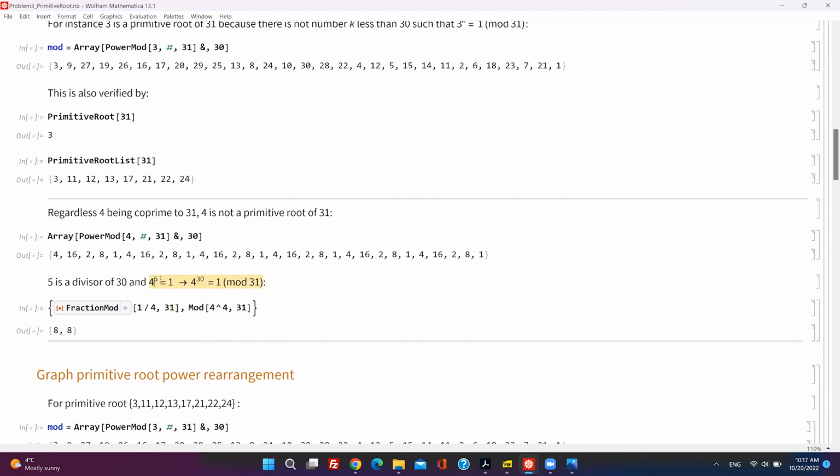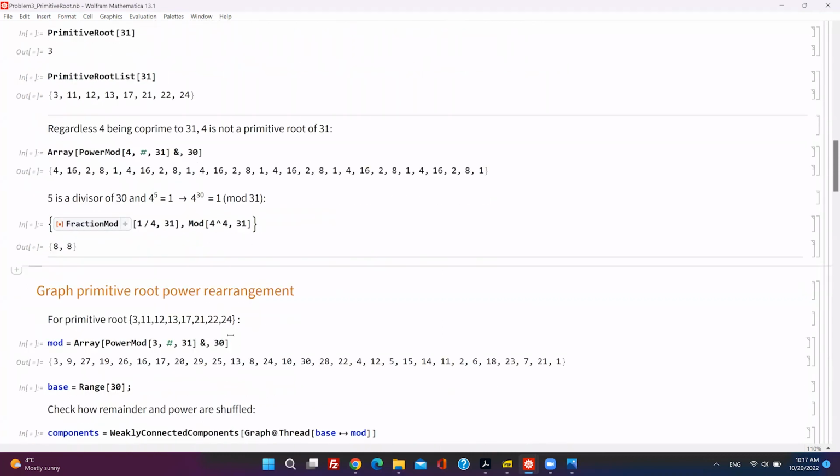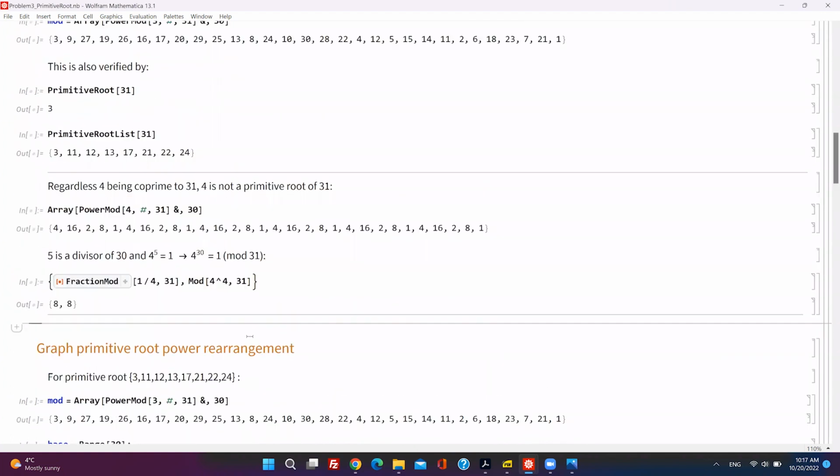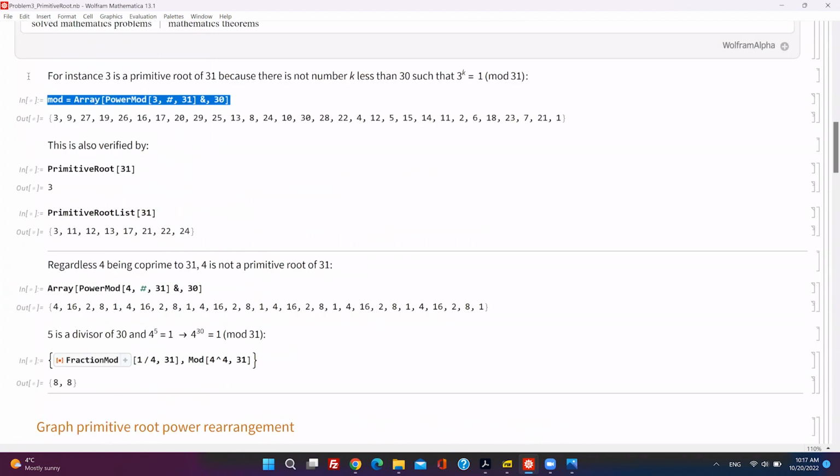So this is quite clear that this one is 8. 8 is 4 to the power of 4. So 4 times 8 is 32. 32 is 1 mod 31. So you divide by 31, and then we have 1 remaining. So this gives you an idea about how to find the fraction mod. This is just some simple calculation.